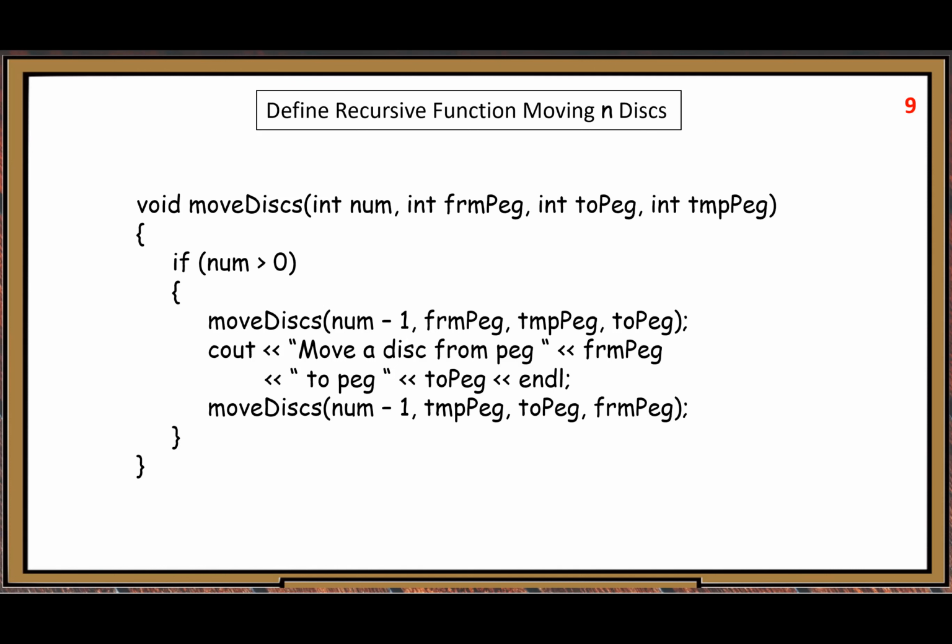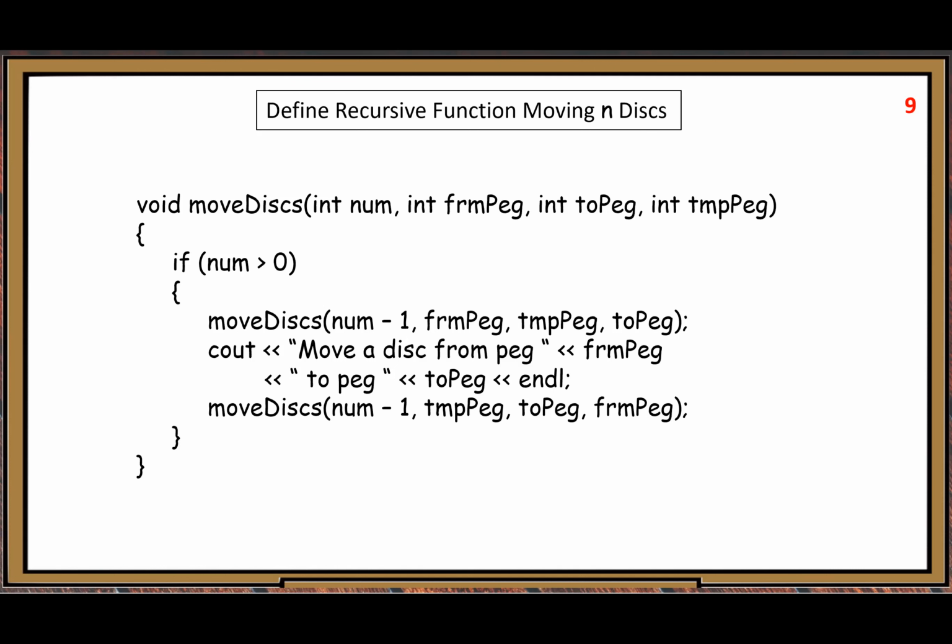Then we call this function move disk recursively. And we assume the n-1 problem can be solved in this recursive function, but when we solve it, the order of the pegs should be changed, right?